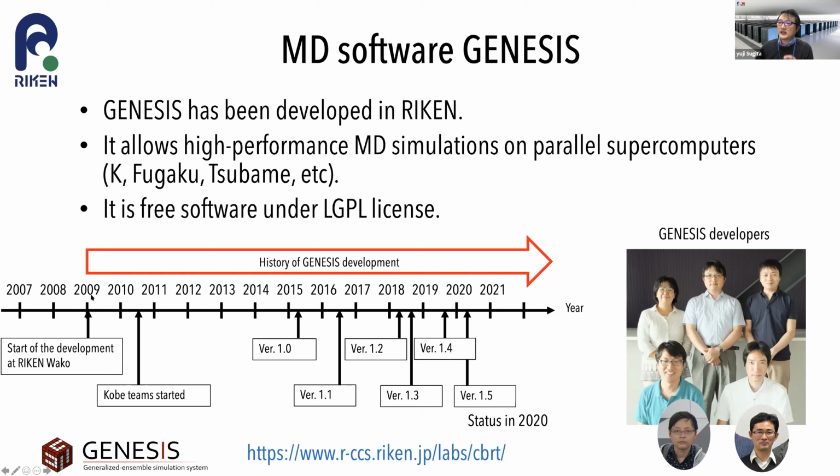Of course, at that time the K computer was not available, but we had to prepare our own high performance supercomputer software. We continued the development, but for the first few years it was a really hard time for us because the program was not completed, but the hardware development was finished. So we worked so hard to complete our MD software.